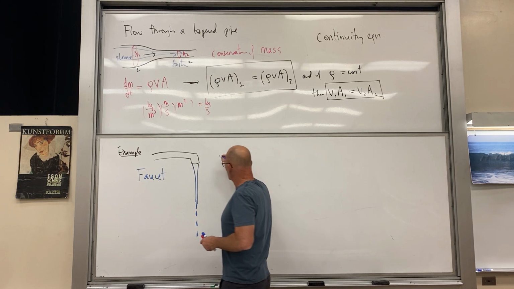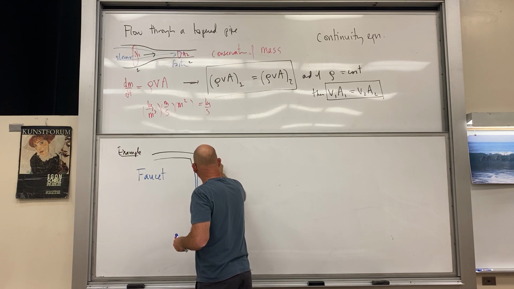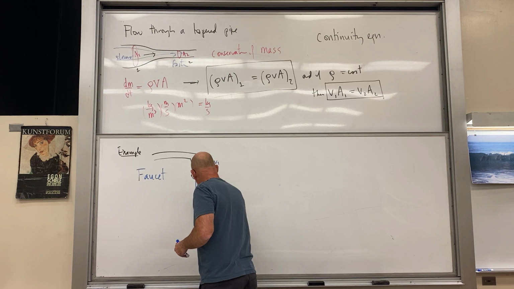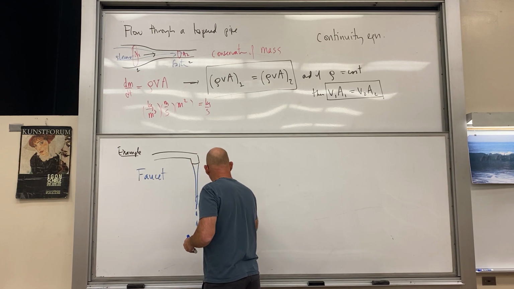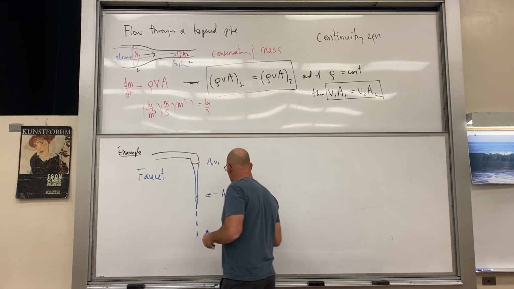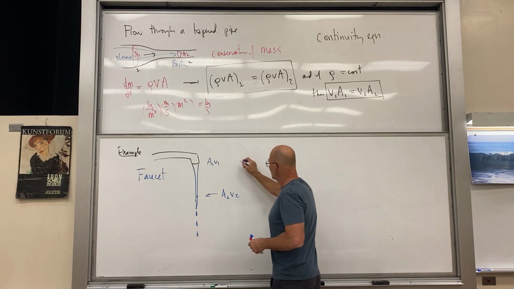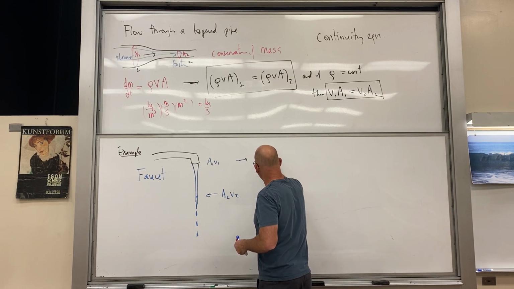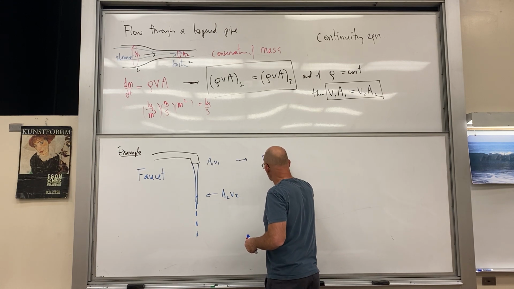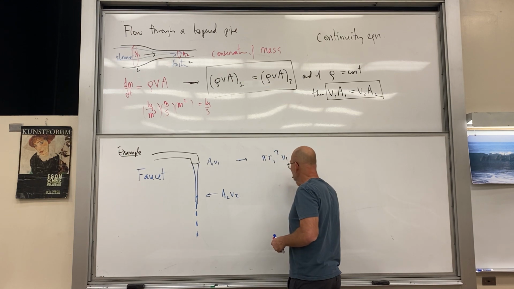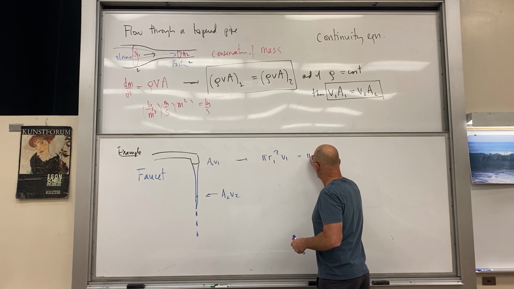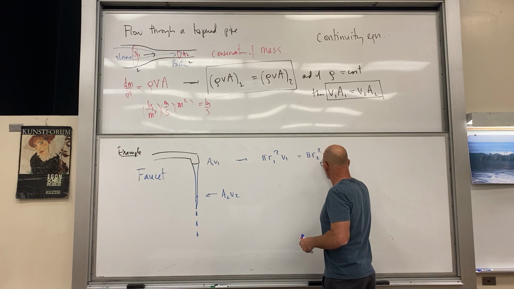Okay. So if we have A1, V1 right here, and somewhere down farther, A2, V2, then we have pi R1 squared V1 equals pi R2 squared V2.